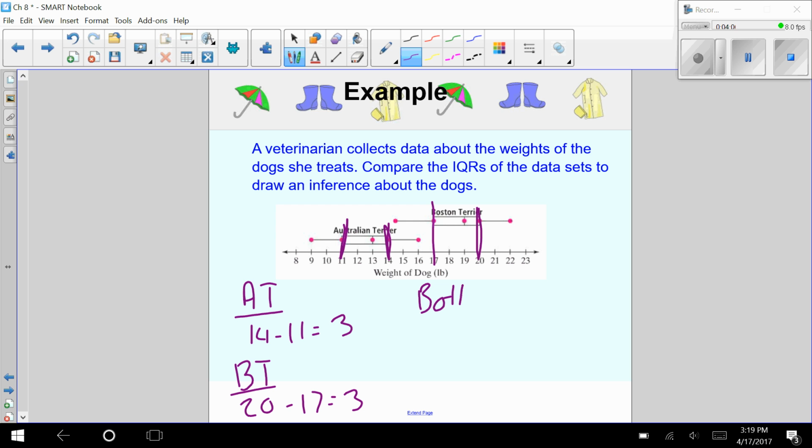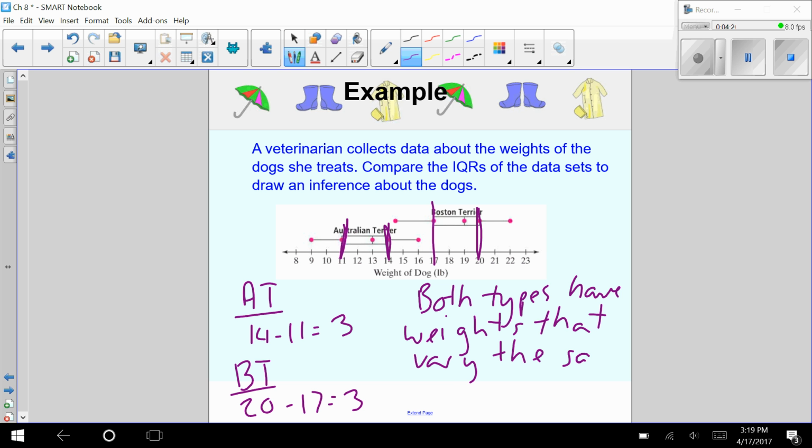So that means that if they tell me that my Australian Terrier is going to weigh 13 pounds, I know that most dogs weigh between 11 and 14, maybe not exactly 13.